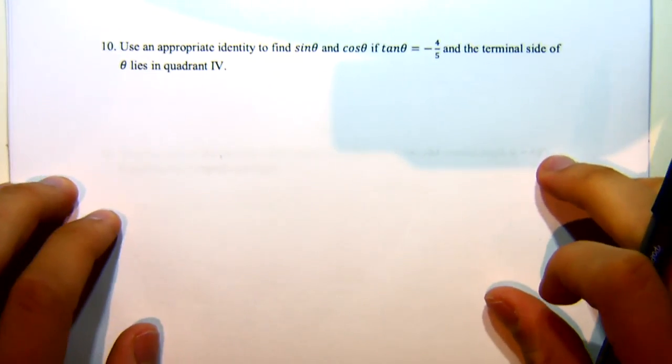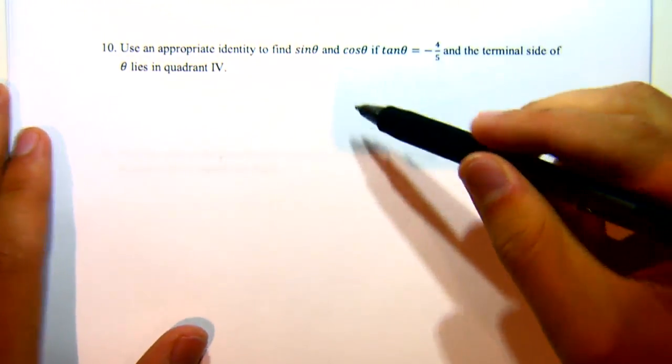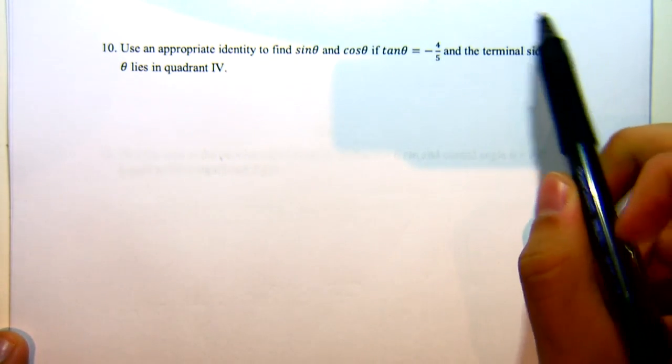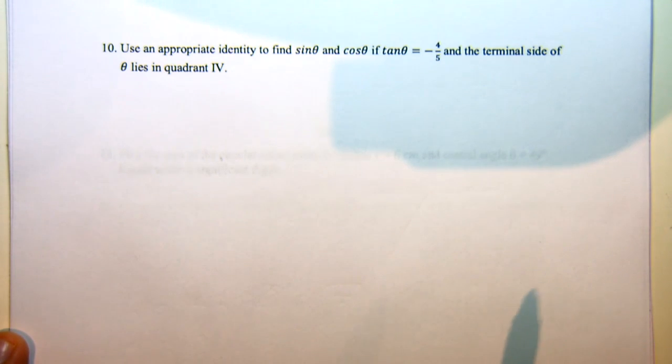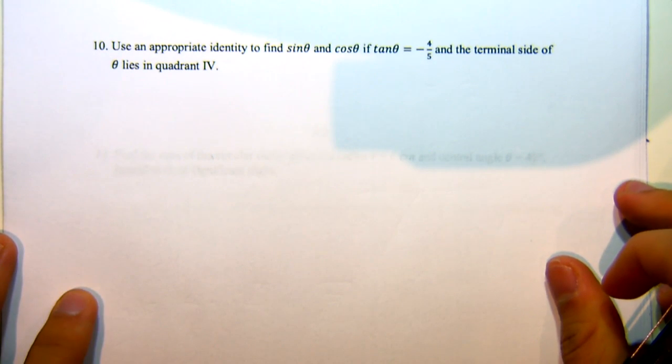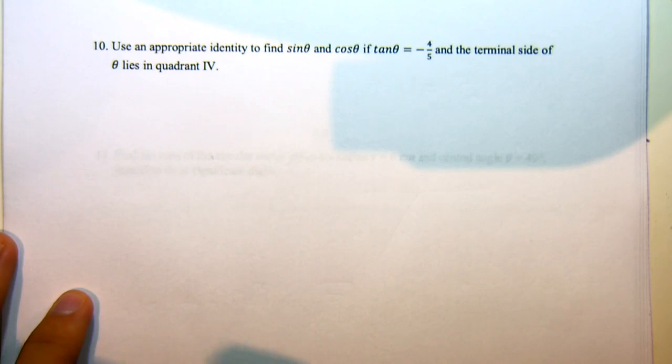Alright. So let's go here. Use an appropriate identity to find sine theta and cosine theta if we know that tangent theta is equal to negative 4/5 and the terminal side of theta lies in quadrant 4. Alright, so in this case, we want to use an identity.